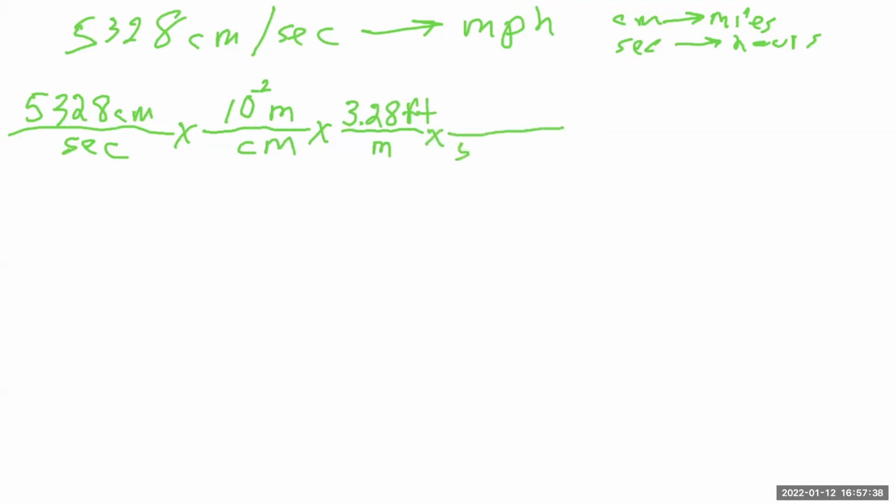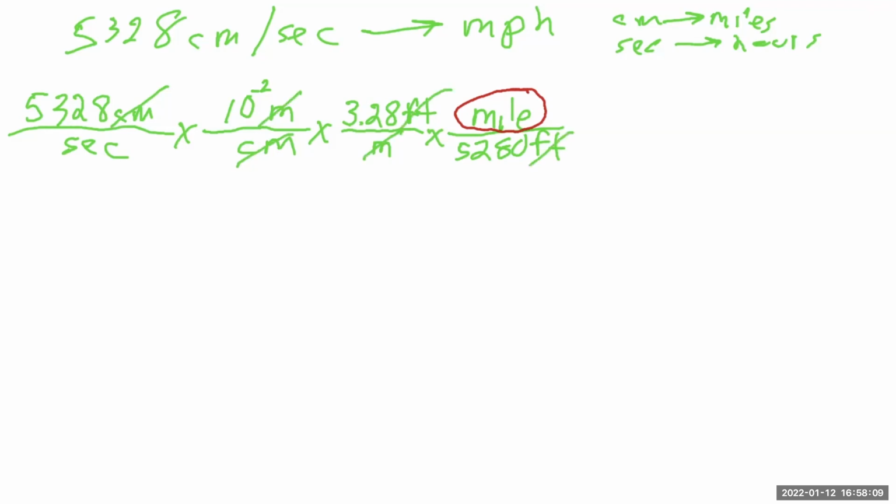We know there's 5,280 feet in a mile. Okay, I've got my top number in miles now. This is what I want. So the top number is done. If we look, we've got centimeters, centimeters, meters to meters, feet to feet. They all cancel, we're left with miles.